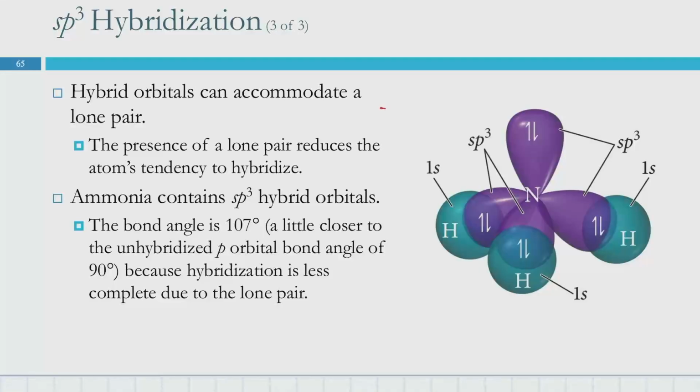Nitrogen has 5 electrons, and so when we do the hybrid orbitals on nitrogen, we've got 3 half-filled hybrid orbitals. We can only form 3 bonds. And then the last set is our lone pair.